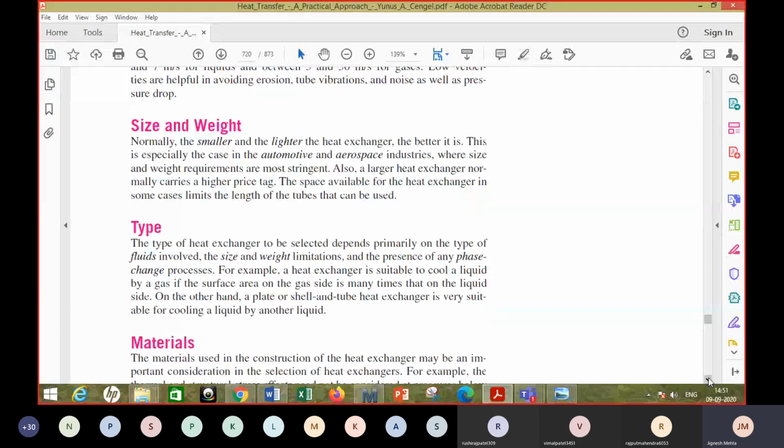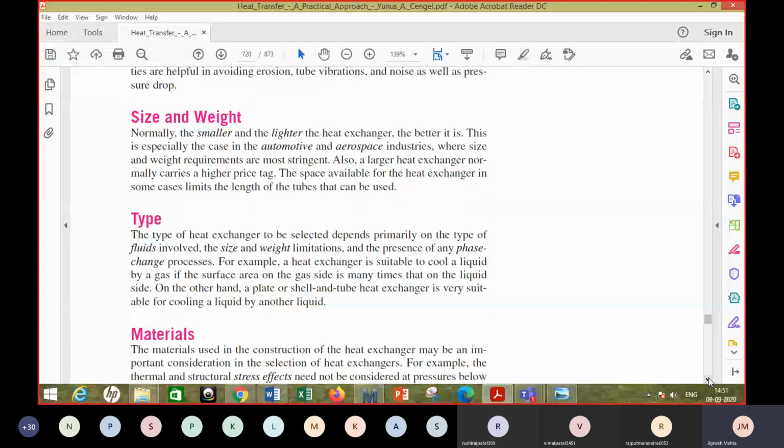Then size and weight. You may have to fit the heat exchanger in a given volume, and so the size matters, and the weight also, particularly in some special applications like not just aerospace but also in automotives. You would want to have a low weight of the heat exchanger. And then the type of heat exchanger to be selected depends primarily on the type of fluids involved, size, weight limitations, and presence of phase change processes.